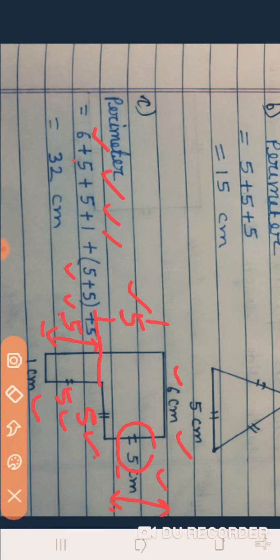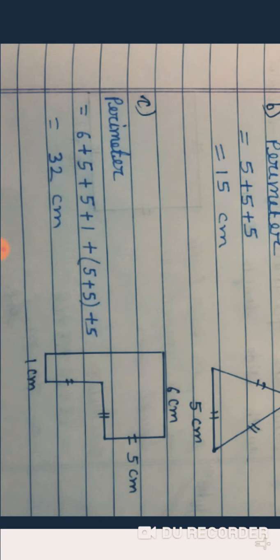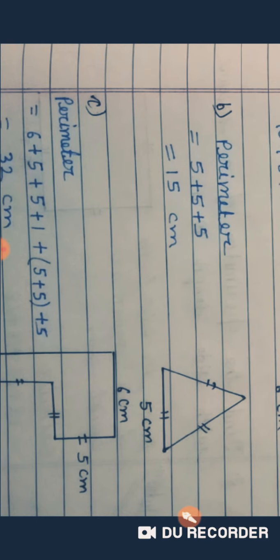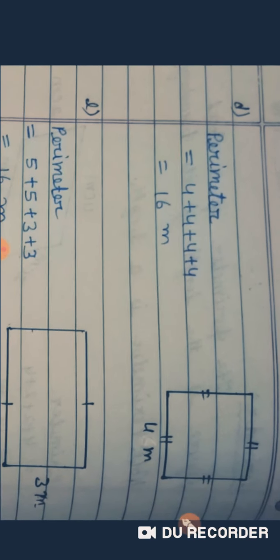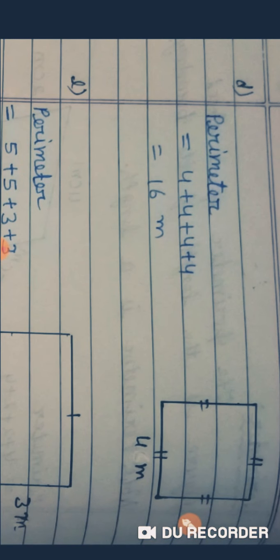So the total perimeter of this figure is 32. Okay students, once again I am repeating the same thing. Perimeter means it is the sum of all the edge lengths of the closed figure.